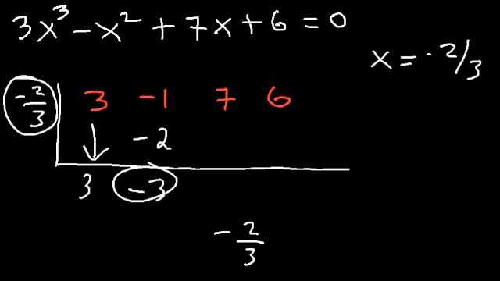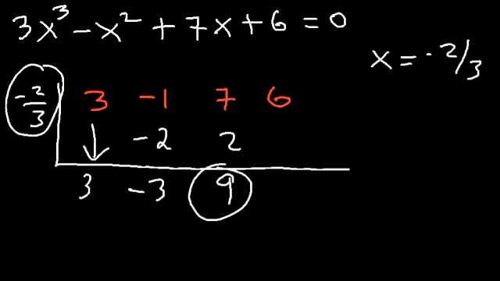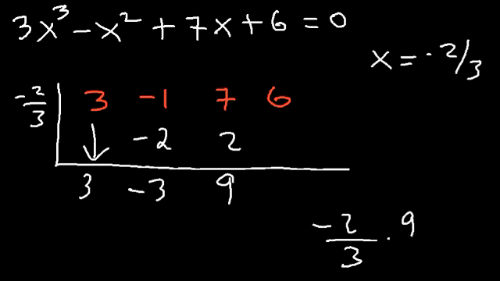-2/3 times -3 is equal to, the 3's will cancel again. -2 times -1 is simply 2. So it's going to be +2 this time. And 7 plus 2 adds up to 9. So now let's multiply -2/3 times 9.